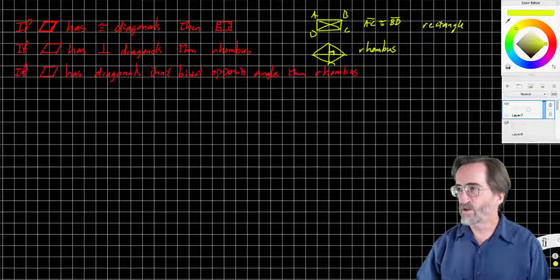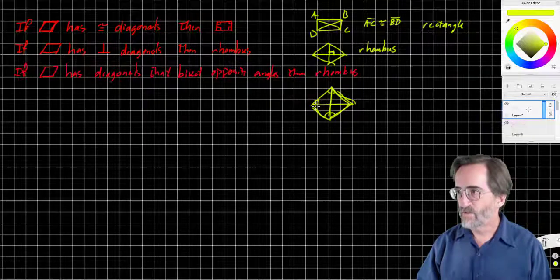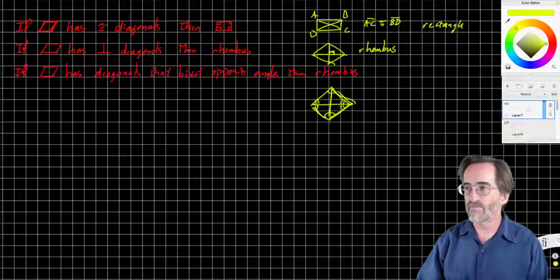So in other words, if we have some parallelogram, and the diagonals bisect the opposite angles, so it splits that, and it splits that. So these two are split in half. It bisects the opposite angles, then it is a rhombus.